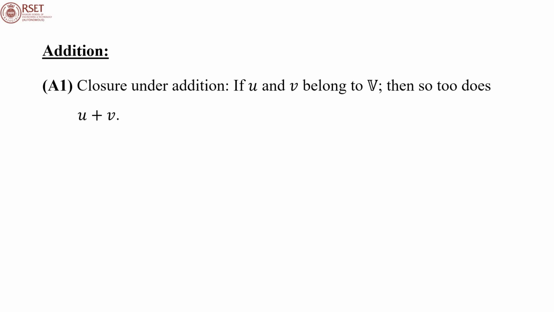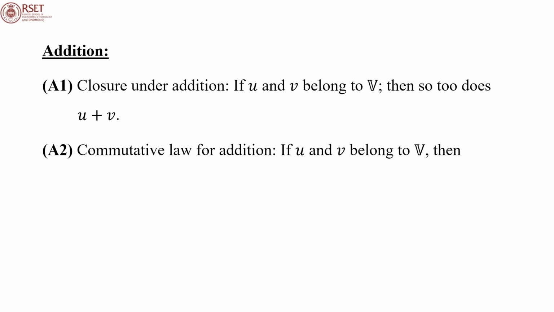So the first 5 properties deal with addition. First property is closure under addition. That is, suppose we have two members u and v in the set capital V, then their sum u plus v must also be a member of capital V. The second property is the commutative law for addition.